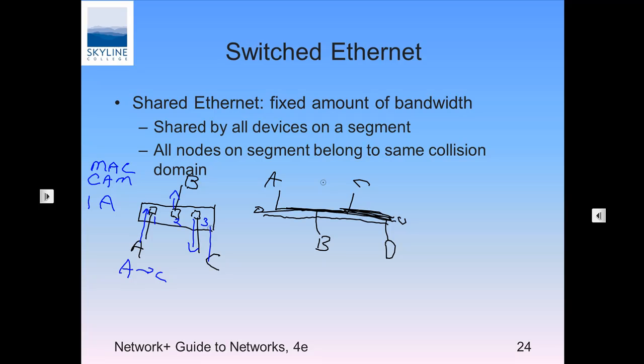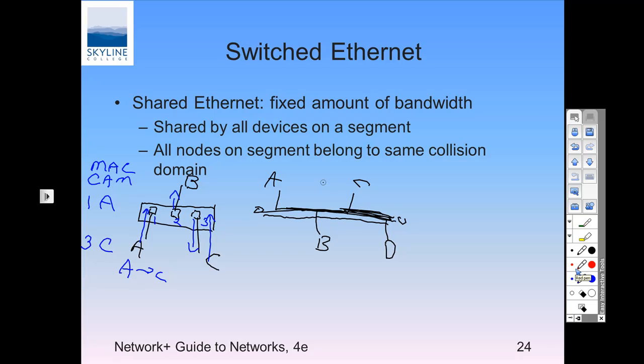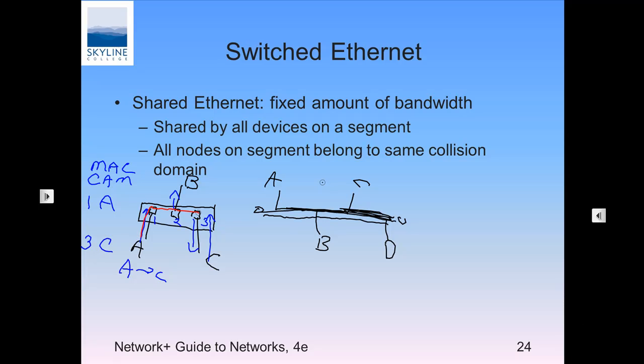So C goes back to enter the traffic, and now we know that on port 3 we have C. The next time that the traffic goes from A to C, since it has this table, it goes directly. The ports are switched together. Those are the only two that are conversing on that switched network, I guess is a way to say that.